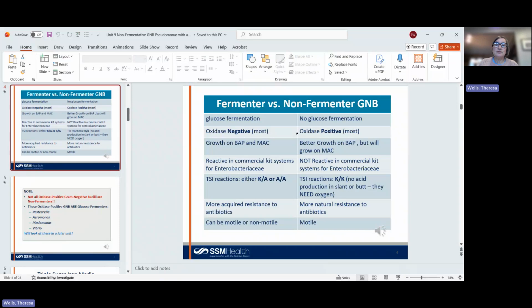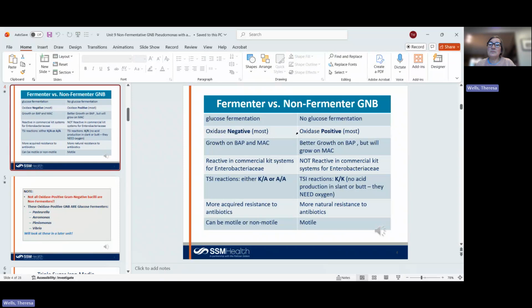They are fermentative. They're catalase positive. And these typically are very reactive in a commercial system. So they tend to have lots of carbohydrate activity, different amino acid activity, things like citrate and indole. Those are all helpful biochemical tests in identifying them.